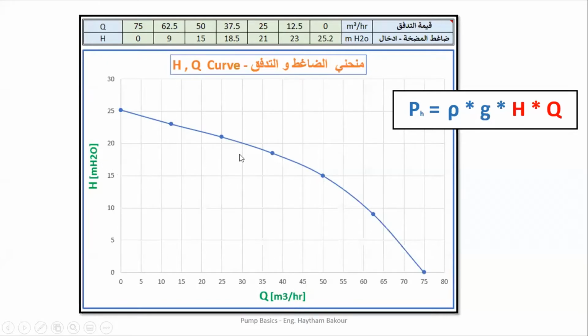So it is based on the head. It is based on the suitable working point and the pump selection for the site, so we are trying to choose the best pump that suits our work and activities.